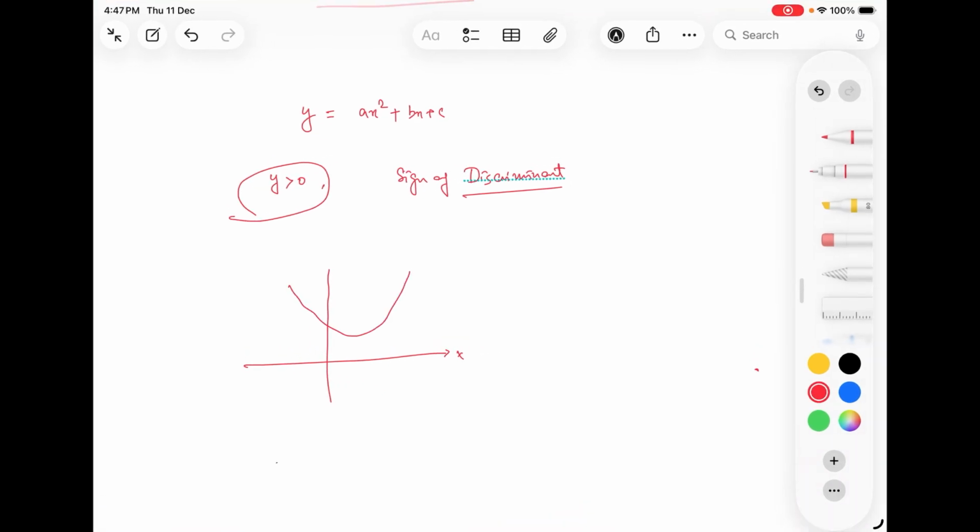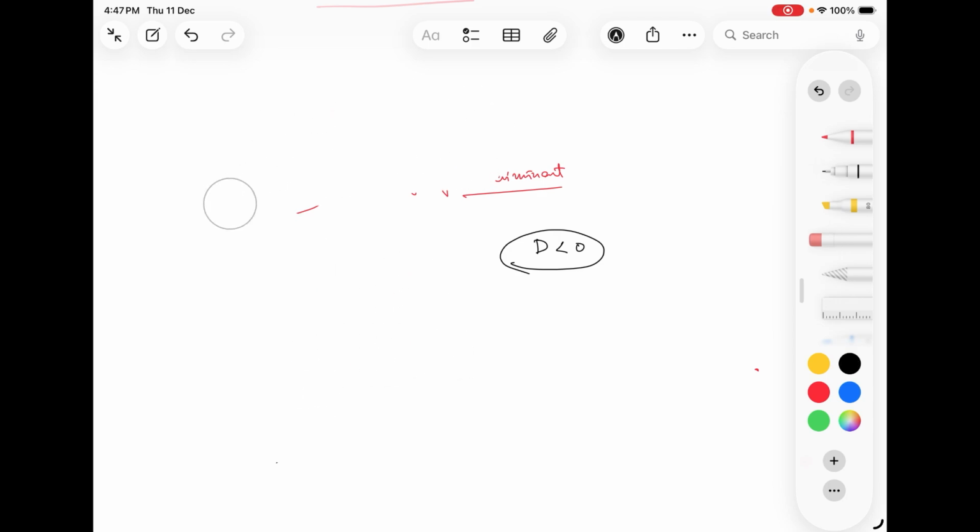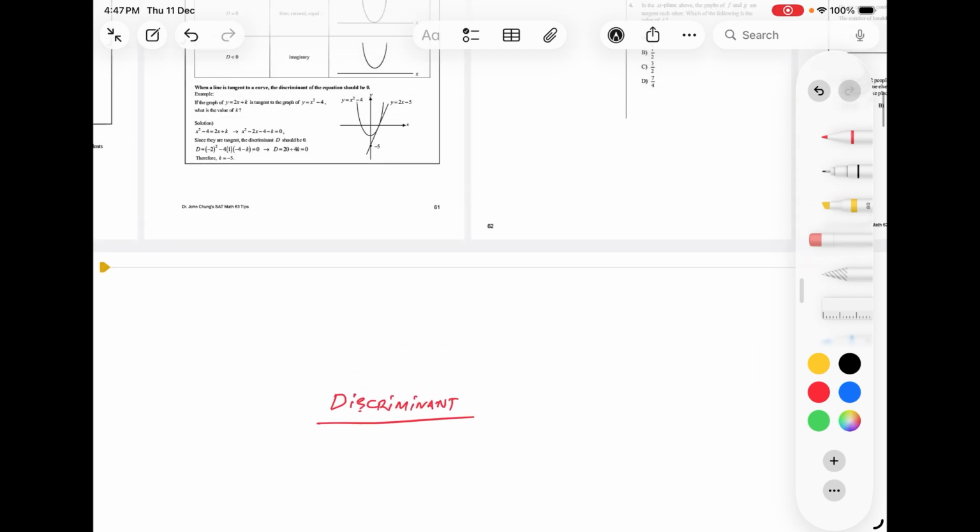It is always facing up. It's not intersecting the x-axis at any point, because if it intersects the x-axis, then y can be 0 or negative, right? So the sign for discriminant is d is less than 0. When y is only positive, it means d is less than 0. Okay, let us do few questions and then we can finish.